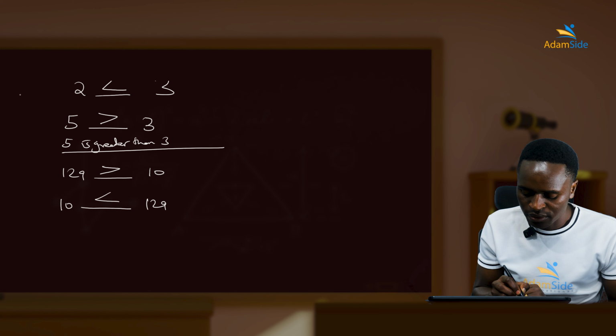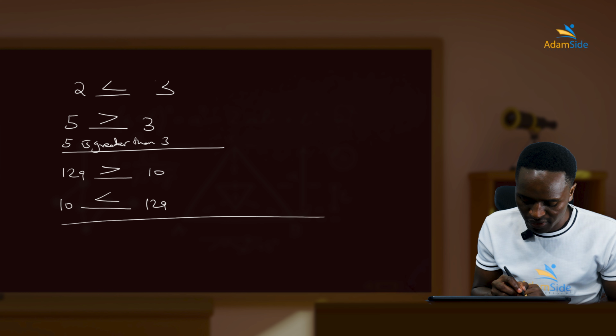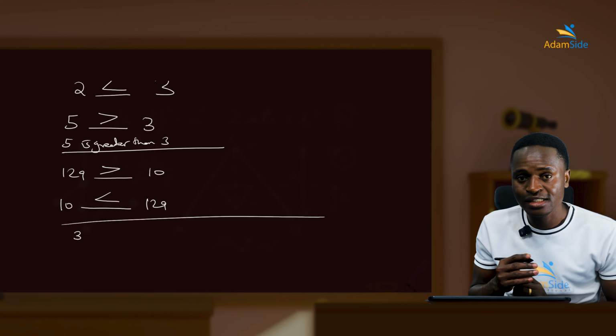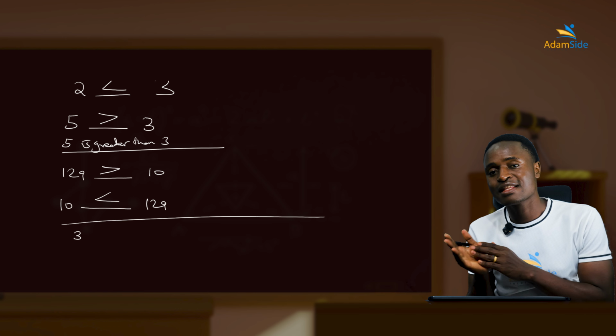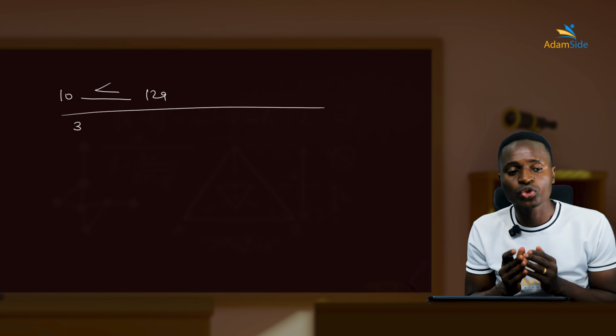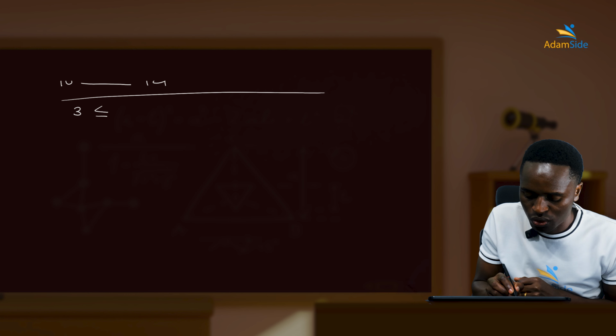Now, if I go down, I need to show something is less than or equal to. Maybe if you want to show values or numbers that are less than or equal to, for example, you can say 3 is less than or equal to 7.